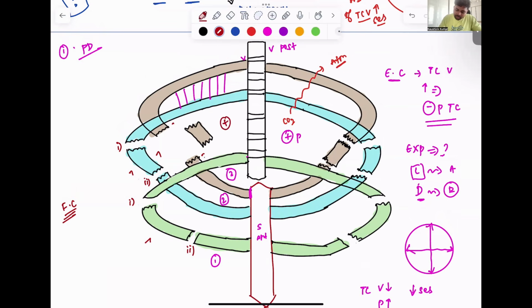Because of this positive pressure, this flail segment gets pushed away and moves outwards, like this. Whereas the rest of the thoracic cavity moves inwards.